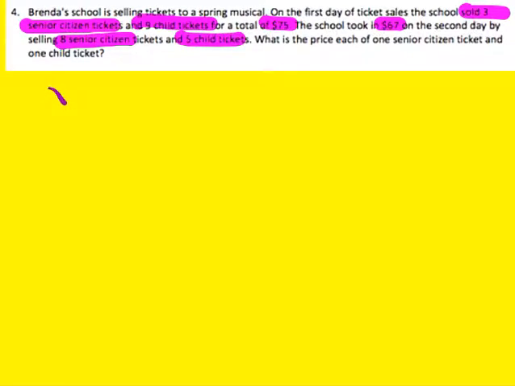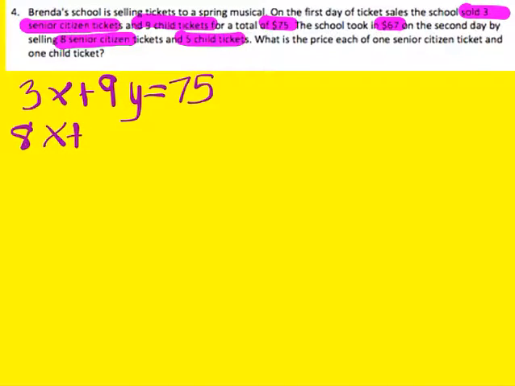For the cost X of senior citizen tickets, she sold 3. For the cost Y of child tickets, she sold 9, and that was equal to 75. Then for every X senior citizen ticket the next day, she sold 8. At price Y for child tickets, she sold 5, and that was equal to 67.